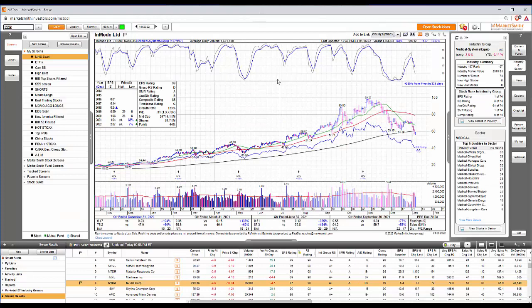Now, MarketSmith is a product of Investors Business Daily, and you may be familiar with that periodical, or you might be familiar with some of the proprietary products that they market on investors.com. But MarketSmith is a scanning and charting tool that I have been using for years. In fact, I like it so much that I am a sponsor of the product.